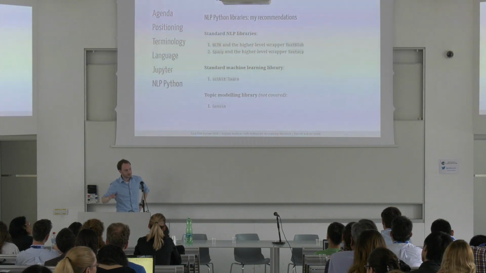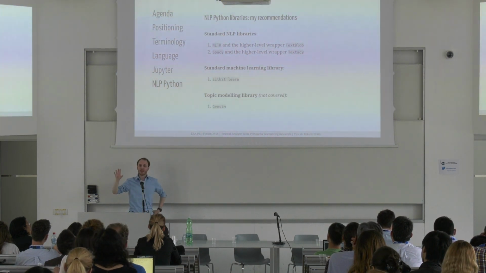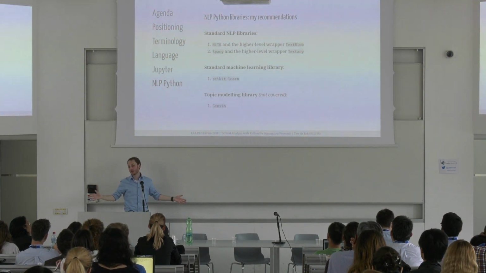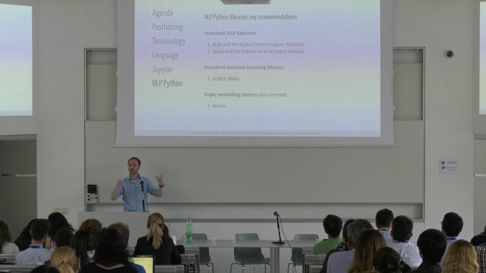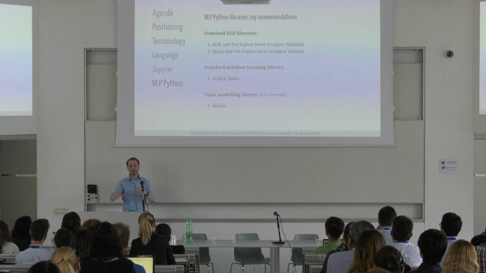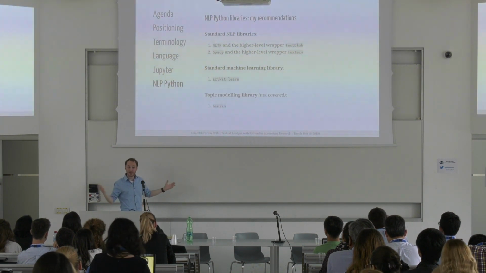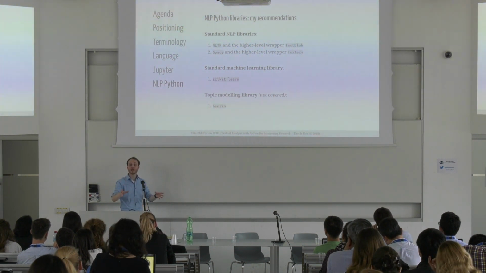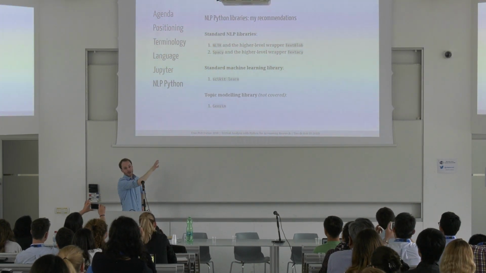Now, Python has a lot of different elements to it that you can use for natural language processing. This can be a little bit overwhelming because if you start Googling textual analysis with Python, you're going to find a lot of different libraries, a lot of different recommendations. So my biased recommendation is if you want to use Python for natural language processing, start with these sets of packages.